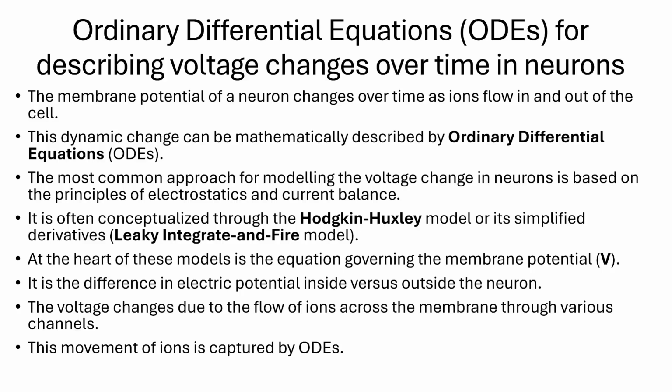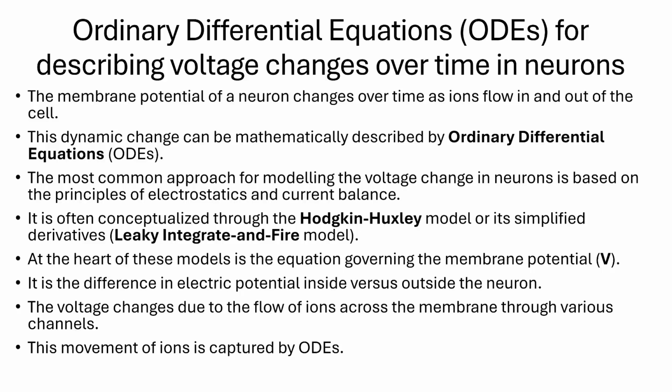The most common approach for modeling the voltage change in neurons is based on the principles of electrostatics and current balance. It is often conceptualized through the Hodgkin-Huxley model or its simplified derivatives like the leaky integrate-and-fire model.